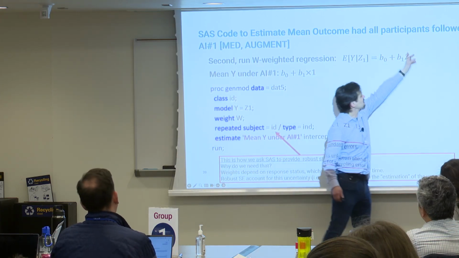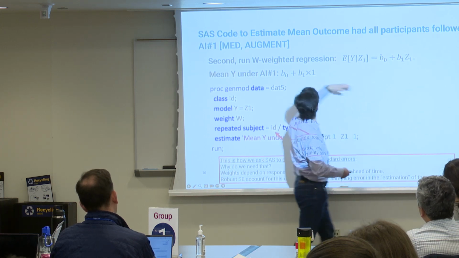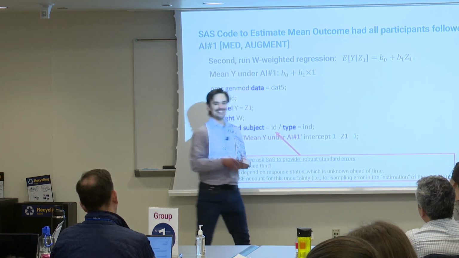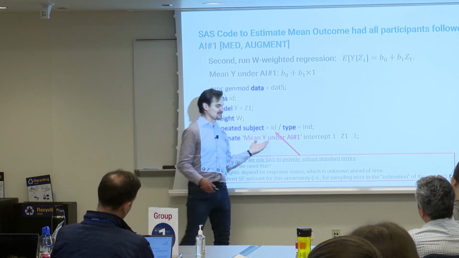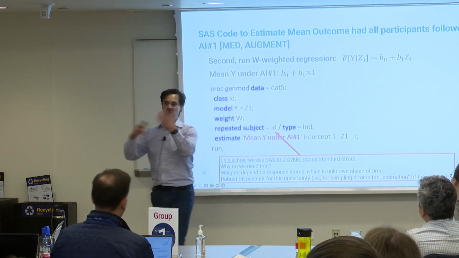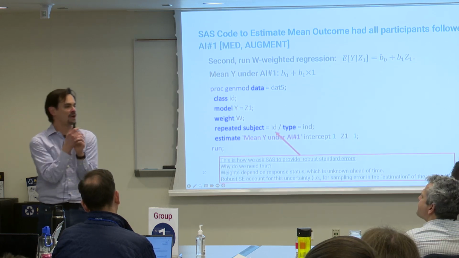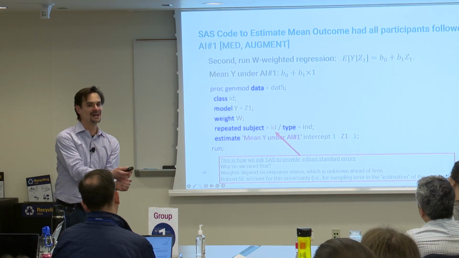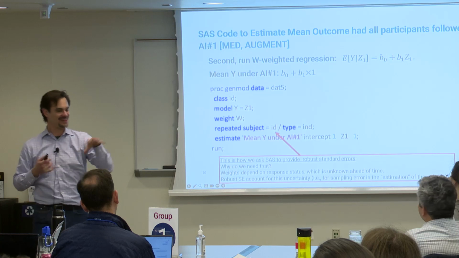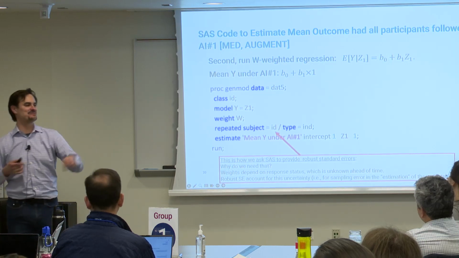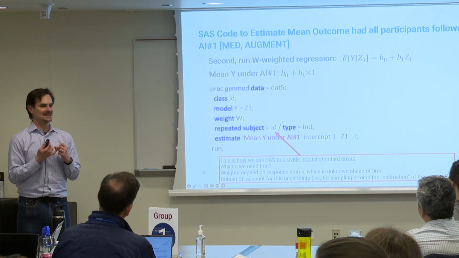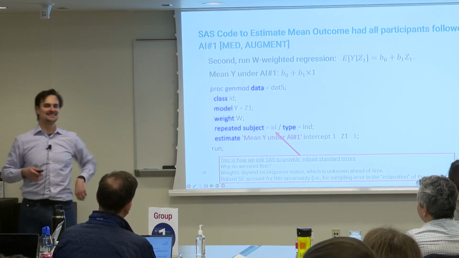Well, stick a 1 in there because 1 means you were in that intervention, and boom. So beta 0 plus beta 1 is the mean out-of-school performance under adaptive intervention 1. There's nothing fancy going on here, you guys, but I do want you to stop me because if I lose you, I can't do the rest of this. I can't have non-responders for this scaffolding because it's going to be too hard to climb, I think.